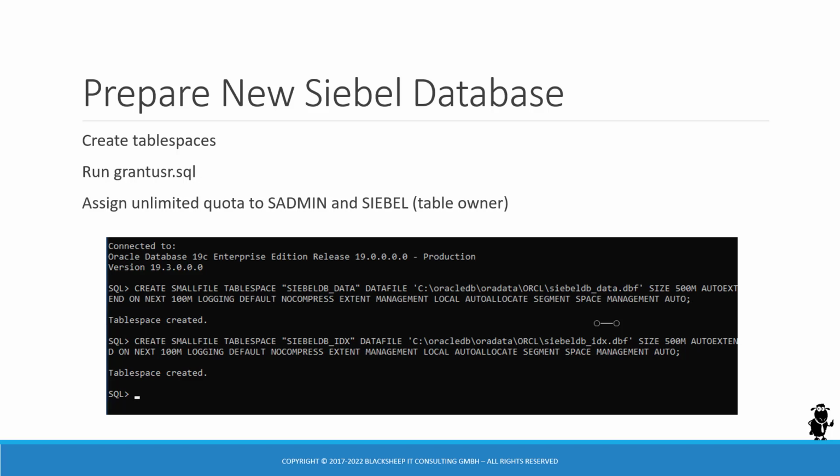And that grant user SQL needs to be executed, and it generates the typical Siebel standard users such as sadmin, LDAP user, guest CST, etc. And as admin in Siebel, you should also assign unlimited quota, so there are no problems when there are large operations on the database.